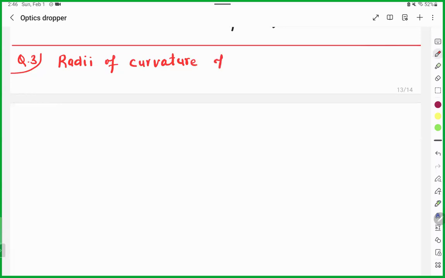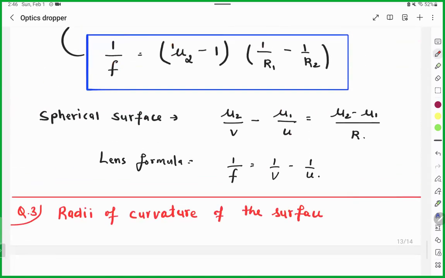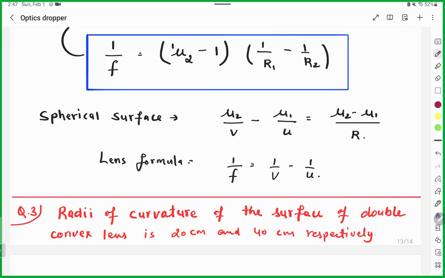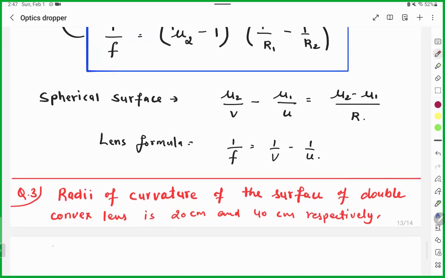The radii of curvature of the surfaces of a double convex lens are 20 centimeter and 40 centimeter respectively, and its focal length is 20 centimeter.